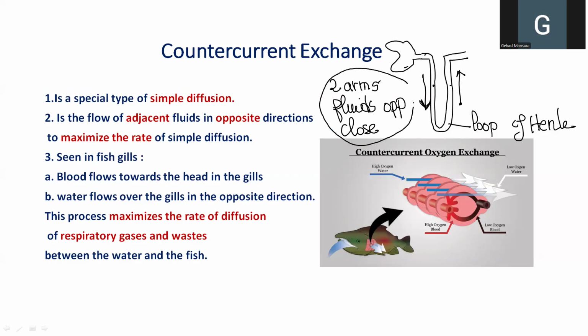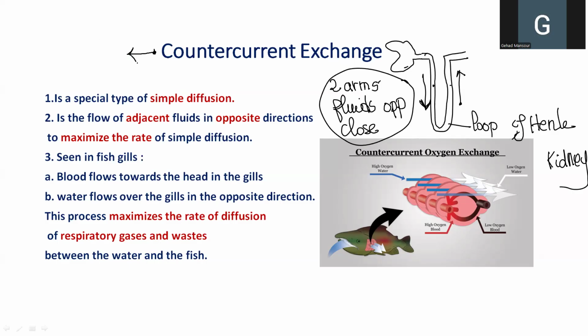This is the basis of any countercurrent mechanism, whether it is in the human body, like the loop of Henle in the kidney, or a countercurrent system outside the human body, in an industrial field, for example. These are the main characteristics of a countercurrent exchange.